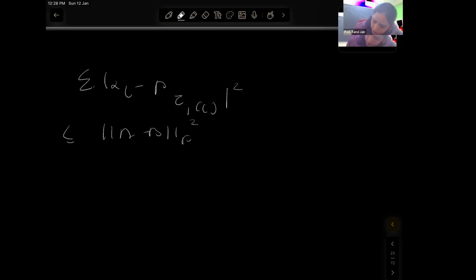And therefore what I have is the summation of mod alpha i minus beta tau 1 i square is less than or equal to norm A minus B Frobenius square, which is less than or equal to the summation over i of mod alpha i minus beta tau 2 i square.